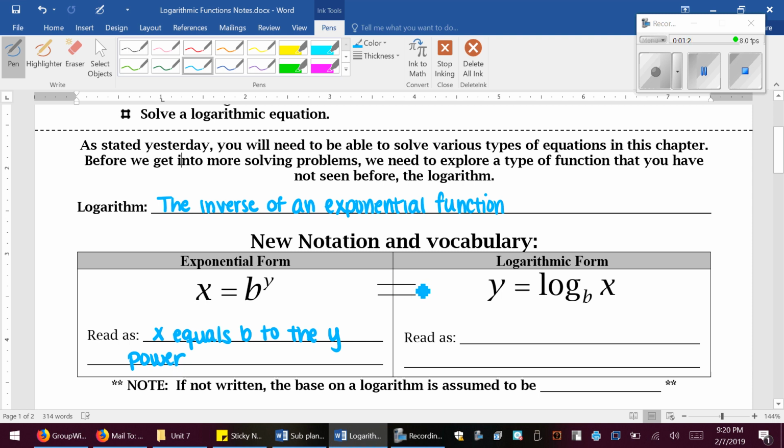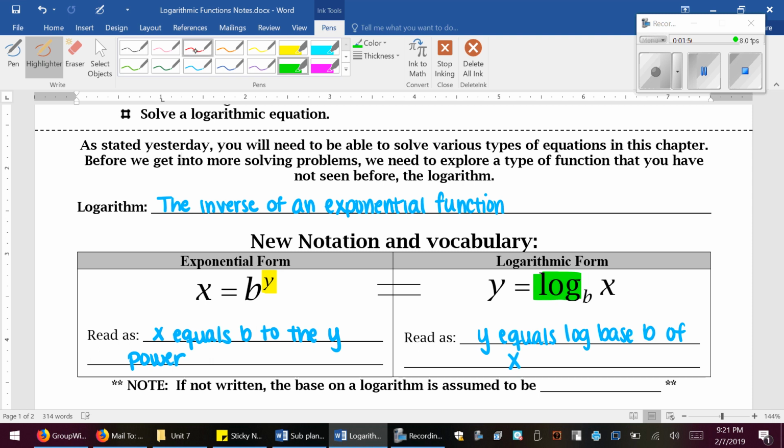And the notation in between is saying this is equivalent to something in logarithmic form, read as y equals log base c of x. And so these two are equivalent to each other, but they're in different forms. Exponential having the exponent, logarithmic having the word log.